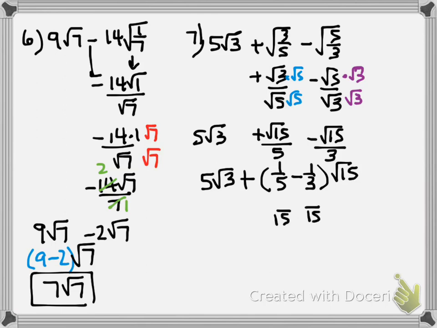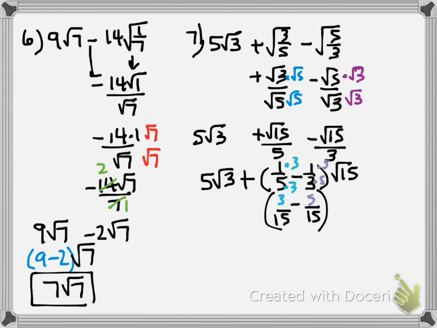So for this first fraction, what did I multiply the 5 by to become 15? 3. So I multiply the top by 3, and I get 3/15. Now there's a minus between these two, so let me put that back in. And then what do I need to multiply the 3 by to become 15? 5, so I multiply the numerator by that, and I get 5.